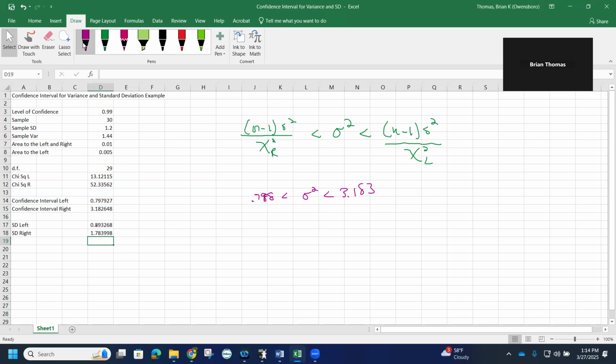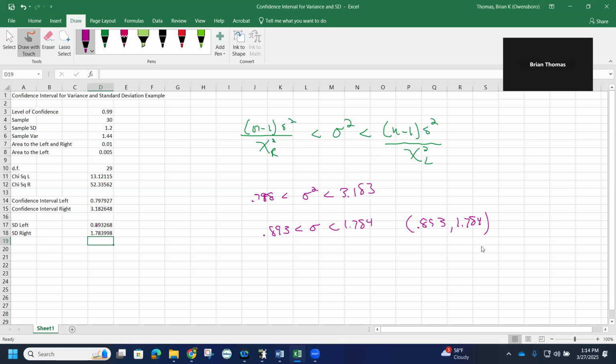So for my standard deviation, I would be saying 0.893 is less than sigma is less than 1.784. So that would be my confidence interval. So I'm 99% confident that I'm between there. Now remember, we also could be using interval notation. So I could be saying 0.893 to 1.784 if I was using a confidence interval.